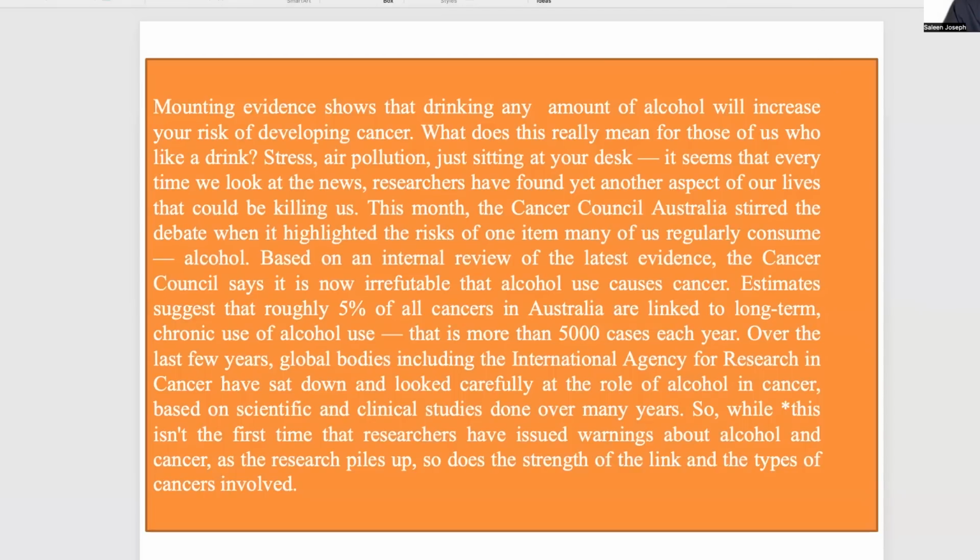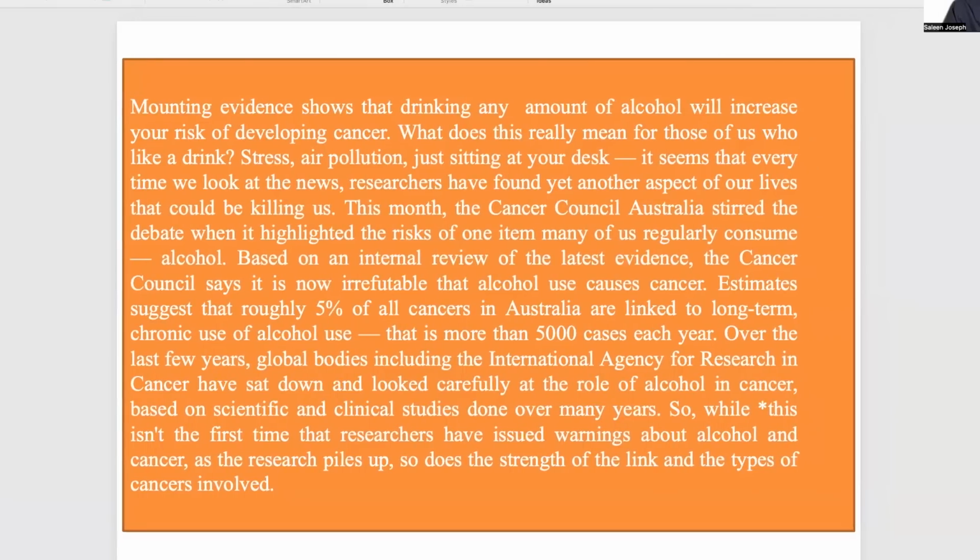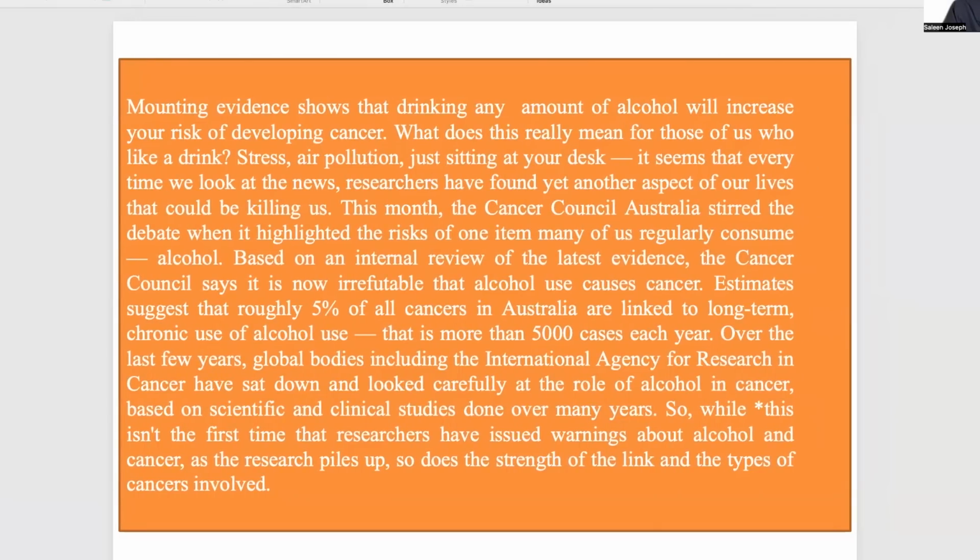This month, the Cancer Council Australia steered the debate when it highlighted the risks of one item many of us regularly consume: alcohol. Based on an internal review of the latest evidence, the Cancer Council says it is now irrefutable that alcohol use causes cancer. Estimates suggest that roughly 5% of all cancers in Australia are linked to long-term chronic use of alcohol use. That is more than 5,000 cases each year.